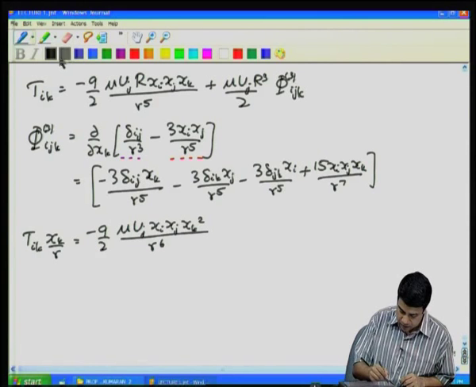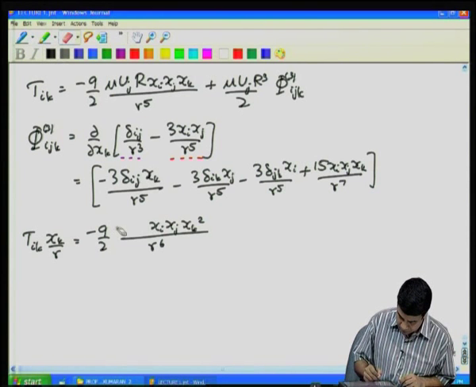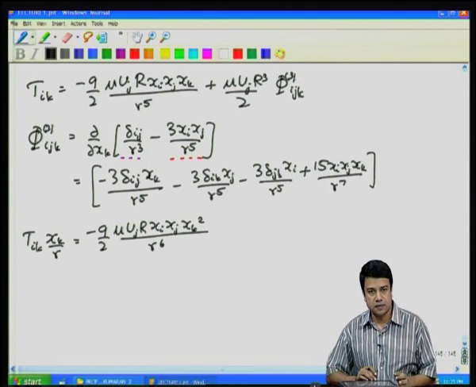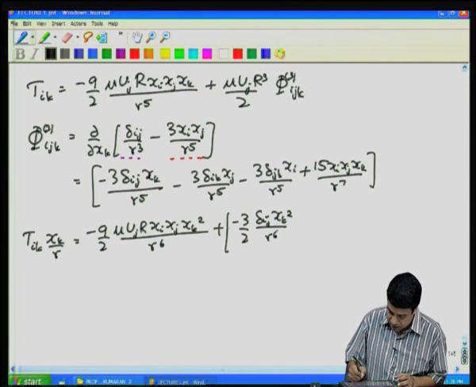I should put an r in here. So, that is the first term, and the second term has plus minus 3 by 2 delta i j x k square by r power 6.